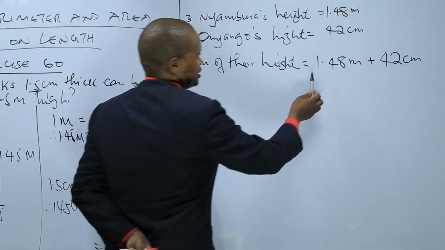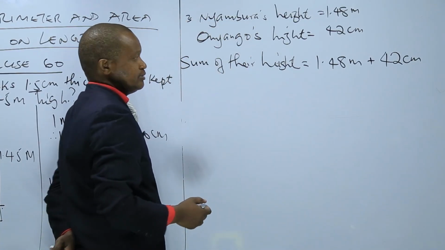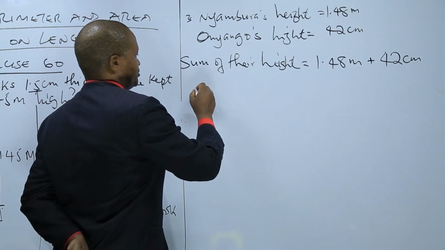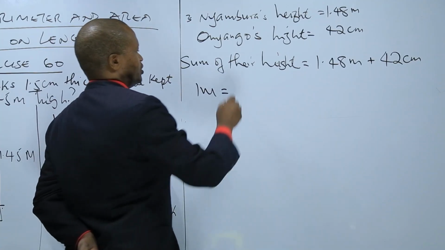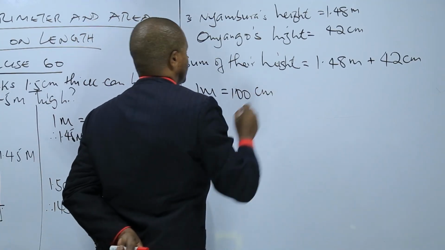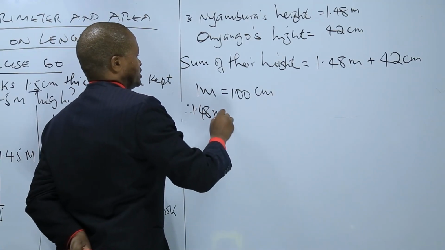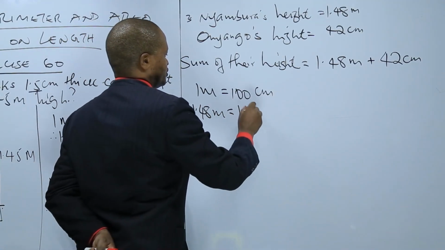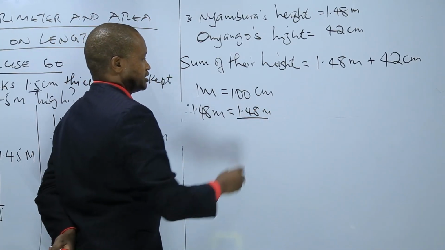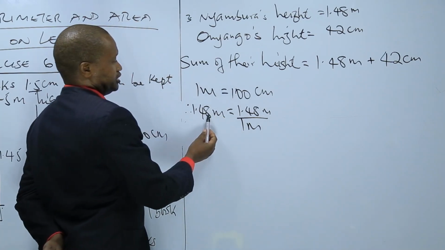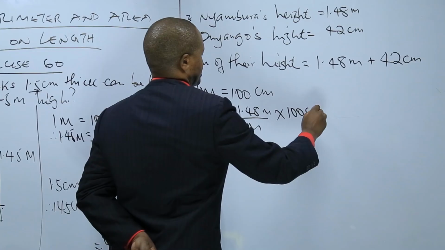So let us convert 1.48 meters to centimeters. We know that 1 meter is equal to 100 centimeters. Therefore, 1.48 meters will be equal to 1.48 meters divided by 1 meter, the reciprocal, then we multiply by 100 centimeters.